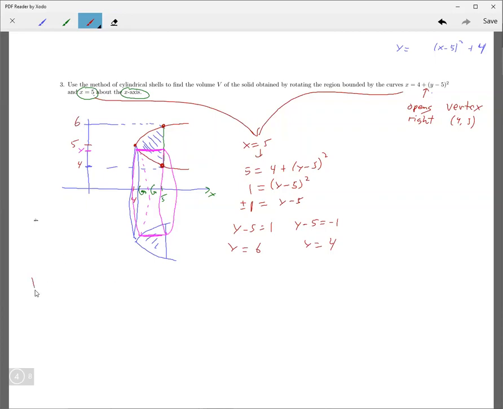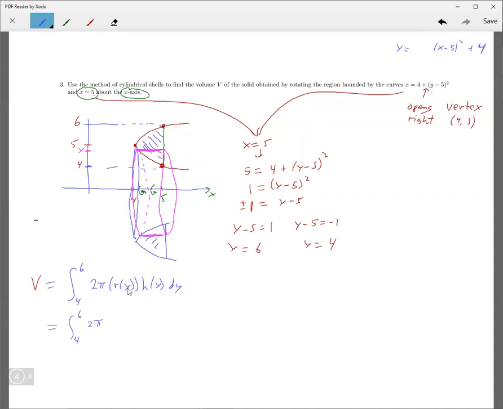Okay, so now we're ready to set the integral up. We're going to integrate from 4 to 6. Remember, it's 2 pi, and this time it's going to be r of y times h of y dy, from 4 to 6.